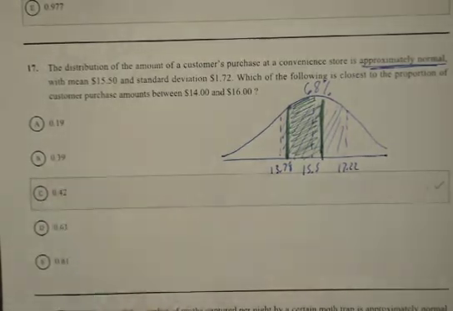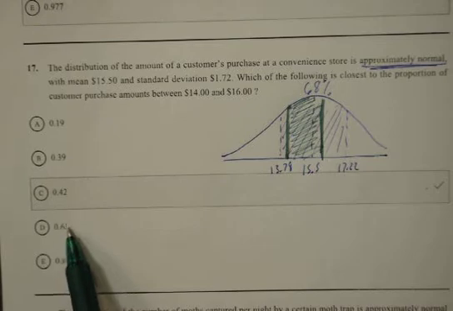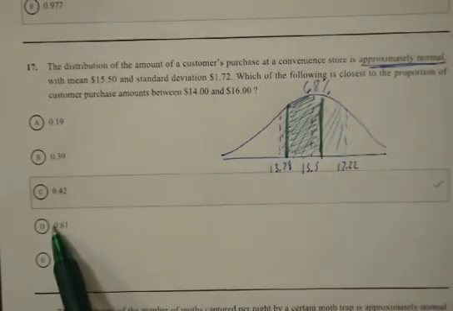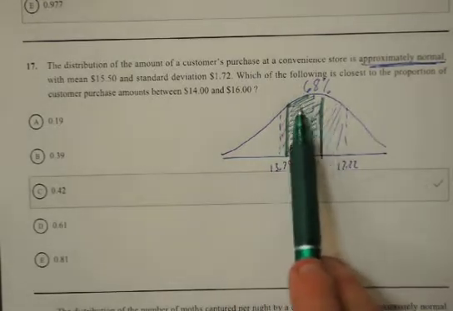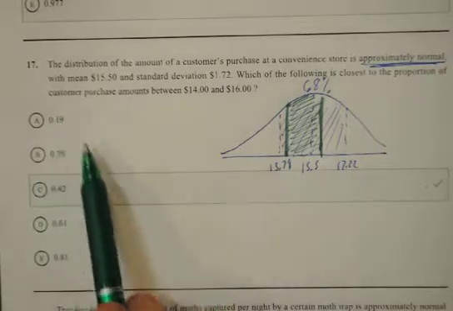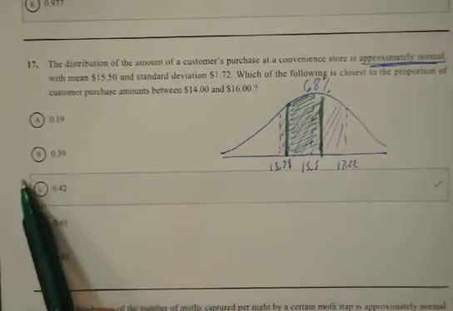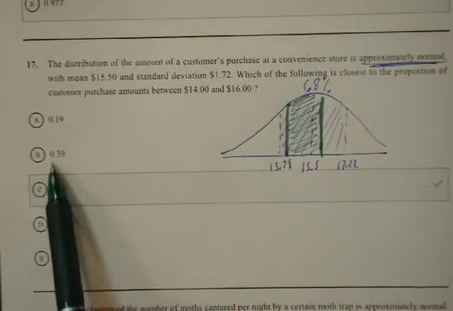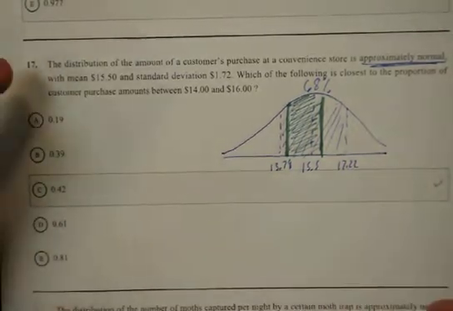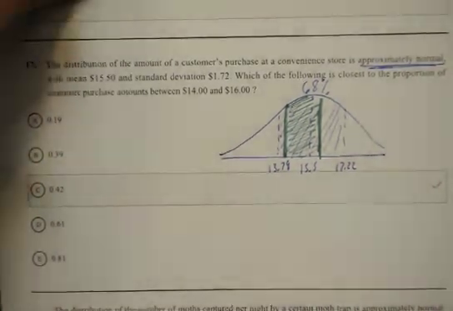I can see picking B. This one's too big. If this is 68%, this green area is not 68%. Definitely not that. That's too low. So one of these. How do you pick between those two? I know how to do it on my calculator, I just didn't think they would do that yet. So don't stress out about this question. We will do something like that in the future.